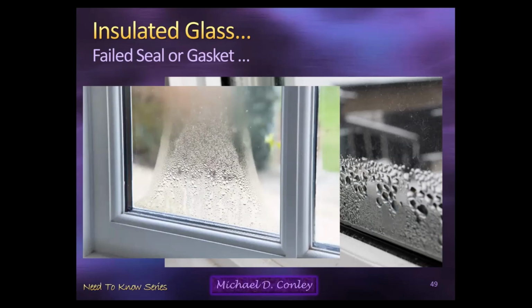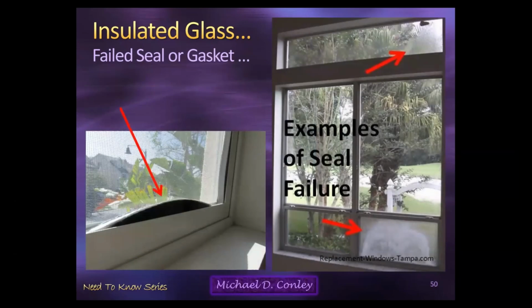Another example, when you see this, the gasket has failed, and there's no easy fix for this. This I see a lot on dual pane windows, where the gasket itself is deformed, and that's a temperature differential issue.